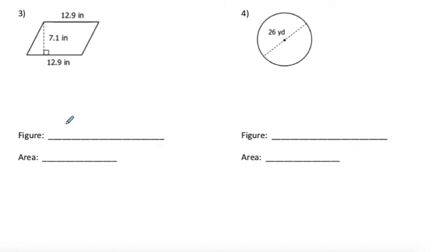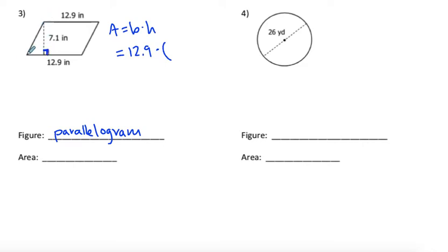On number 3, I have the same base, but it's not a rectangle because it's slanted here. So this is our parallelogram, and our formula for a parallelogram is base times height. My base here is 12.9 times my height here. There's my perpendicular right angle height.